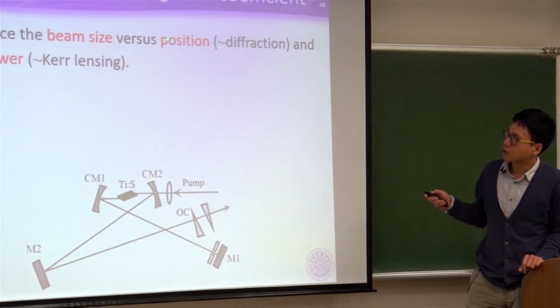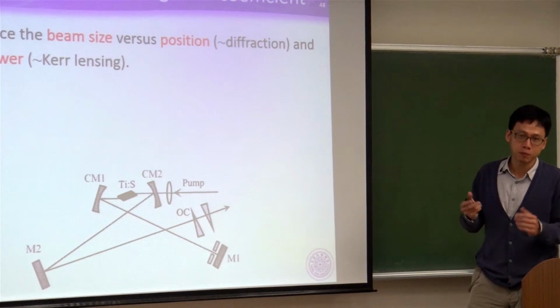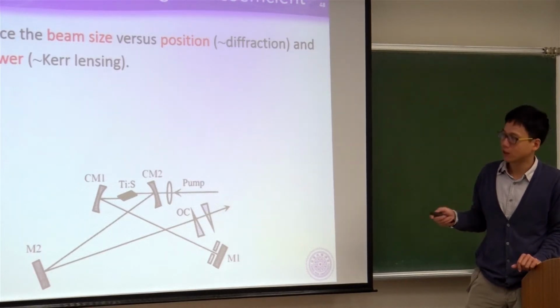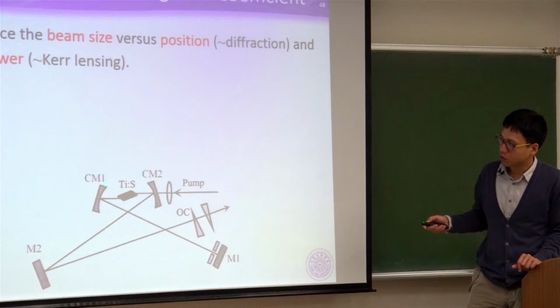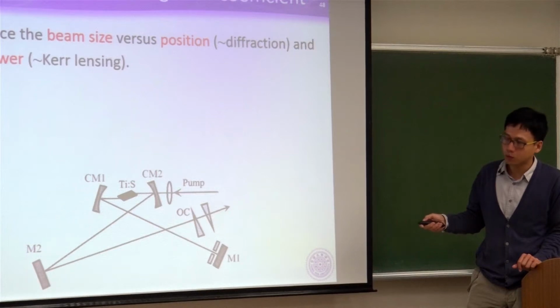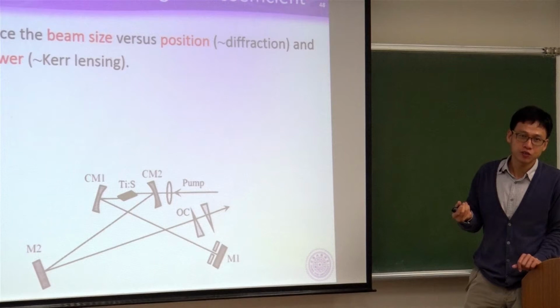Beam size is a function of position because of diffraction, right? According to the Gaussian beam theory, beam size will change with propagation distance, okay? But here, because of the curved mirrors, whenever the Gaussian beam hits a curved mirror, the Gaussian beam parameter will change, right?